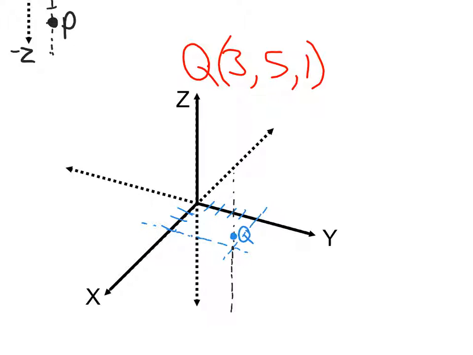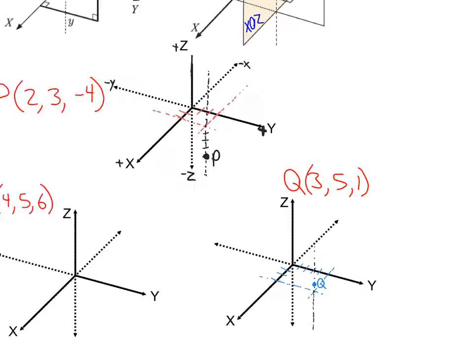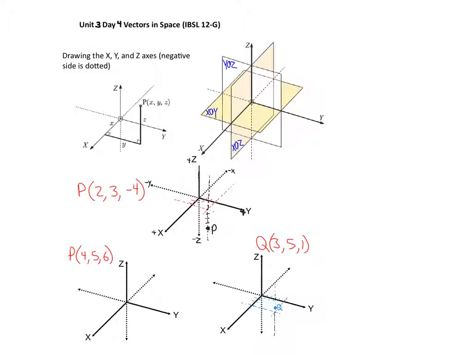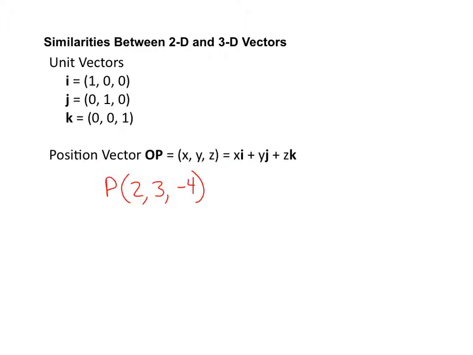So it's kind of out towards us, but it's above that plane, a little bit higher. Okay? So really challenging to view, but the nice thing is you won't have to graph anything like this. But I want you to see what we're dealing with as we work on math.